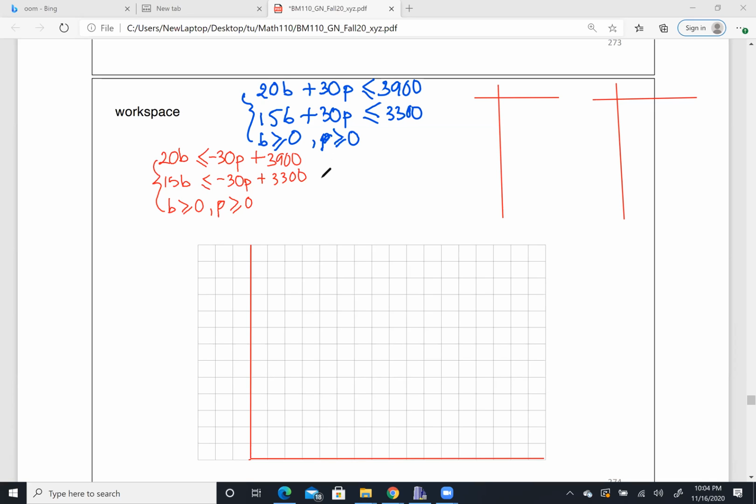So we need to divide both sides by 20, right? So B now is gonna be less than or equal to negative 3/2 P, and then plus 3,900 divided by 20, which is 195. This is exactly the problem before that we did, so let's just redo it to make sure.